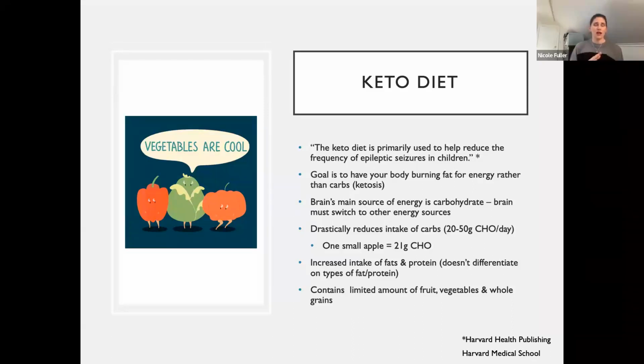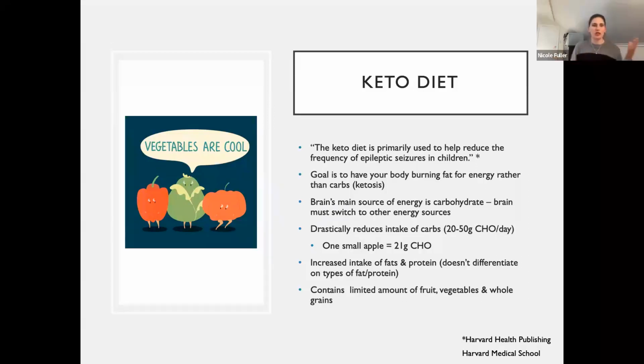And just to give you an idea, one small apple has about 21 grams of carbohydrates. One cup of raw vegetables has 5 grams of carbohydrates. So it's a very limited carbohydrate diet. You're going to increase your intake of fats and protein, and listen, you could go on this diet and eat grilled chicken, and avocado oil or olive oil as a healthier fat and healthier protein, but it doesn't really differentiate.